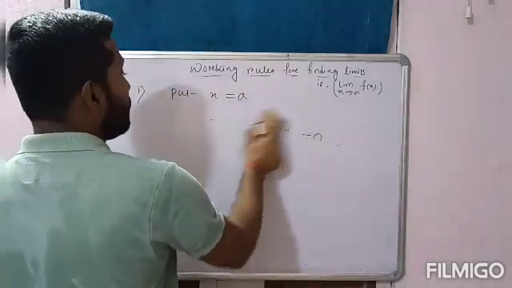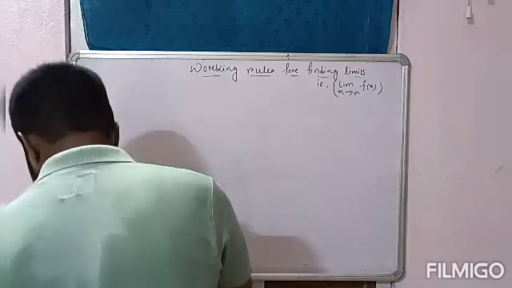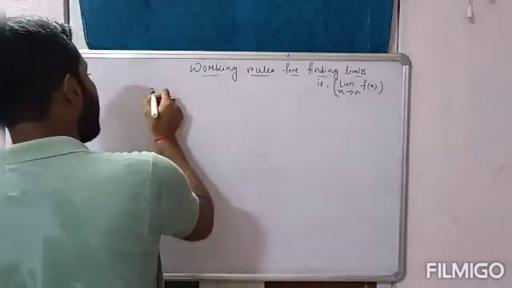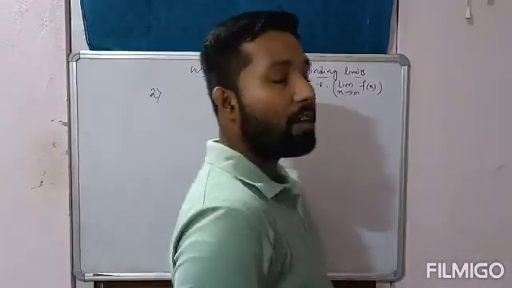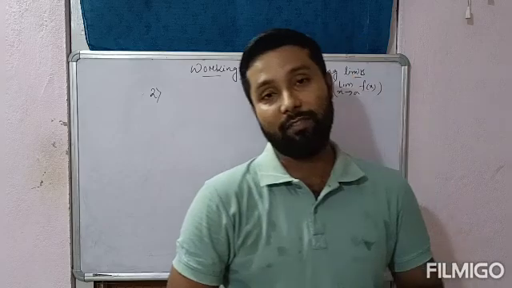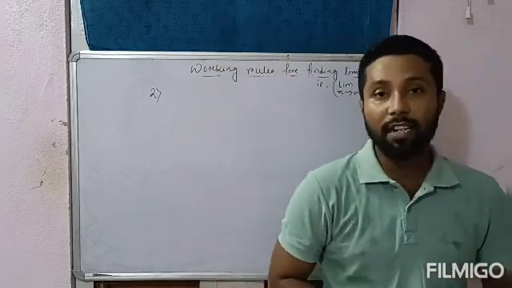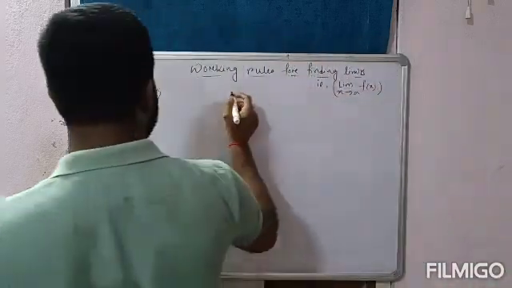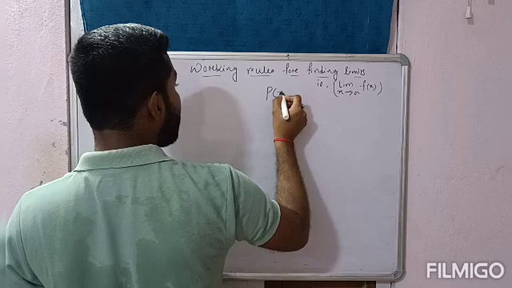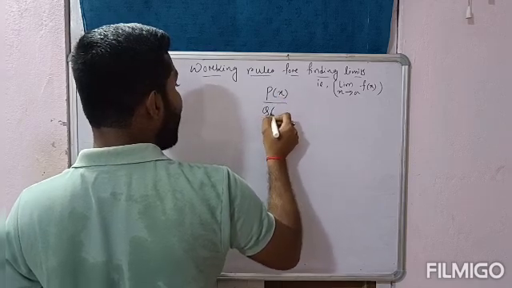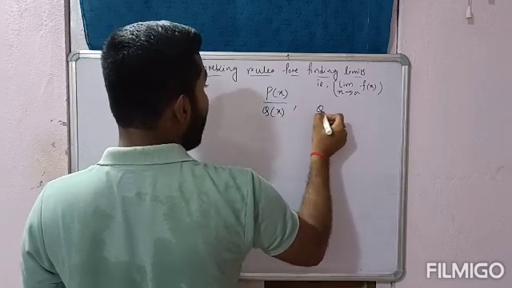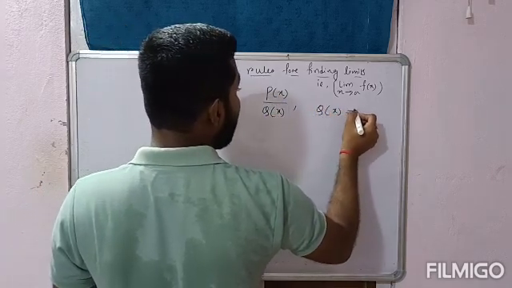Rule number 2. तो rule number 2 क्या है कि listen, if the function is a rational function, if the function is a rational function means any function is in the form of px by qx where qx is not equal to 0.